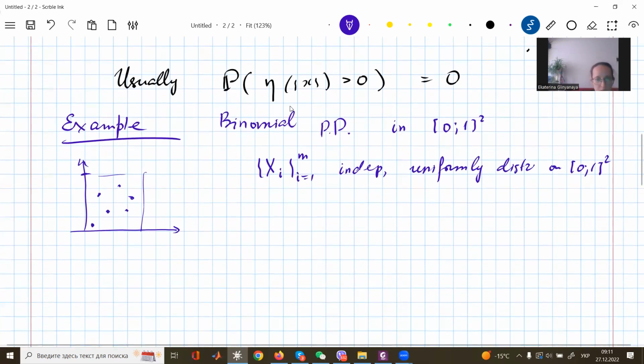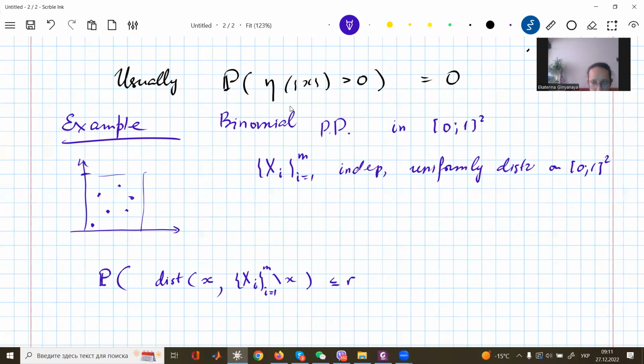And again, I would like to find the conditional probability of the distance of some fixed point x to the random subset, which I write without point x, being less than or equal to r, under the condition that point x belongs to this subset of random points, x_i for i from 1 to m.